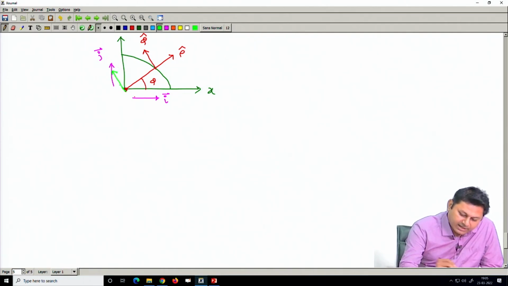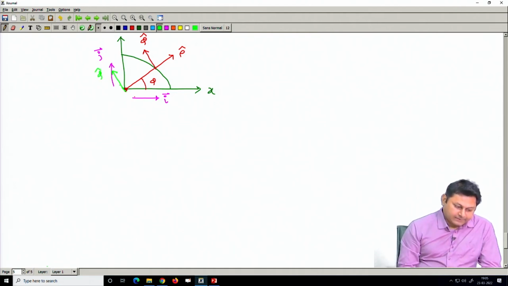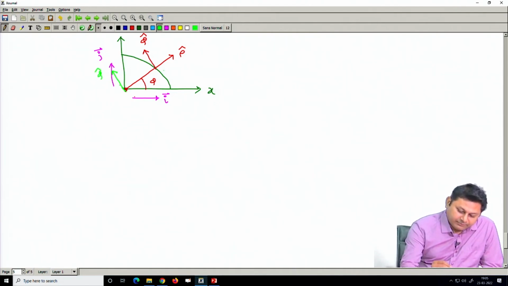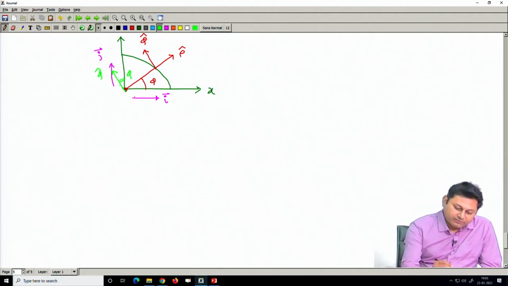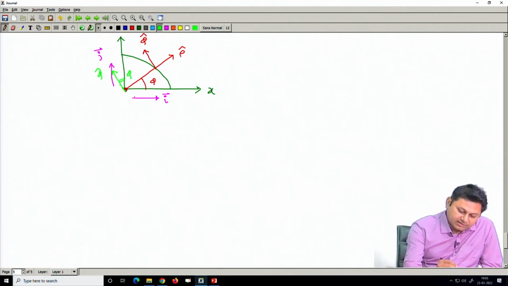So, my phi, I just replace it at this point, okay. And if this angle is phi, this angle has to be phi, because if you change it, the tangential point is going to change, and if it is 0, then this will be along this direction. So, that is why this angle is phi, and this is the phi unit vector.